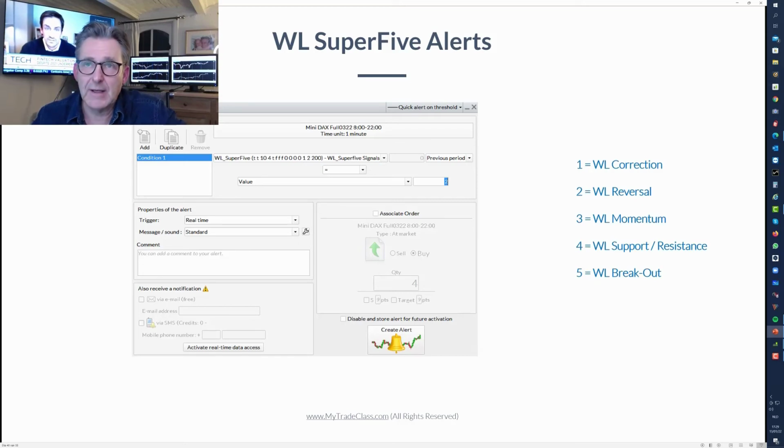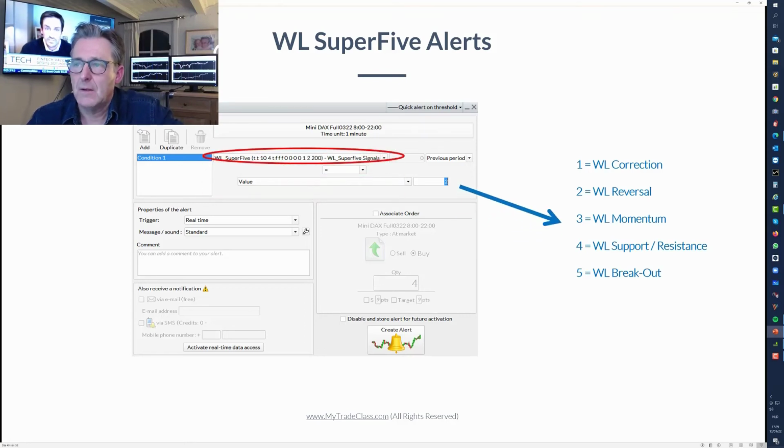Now, you see here, you just click on this little bell, then this window will open, and then you just go and activate the SuperFive signals. You put in previous period. Why? Because we want to trade the confirmation of the signal.